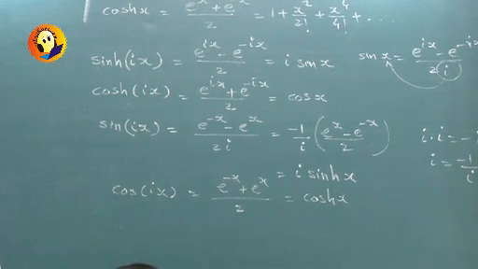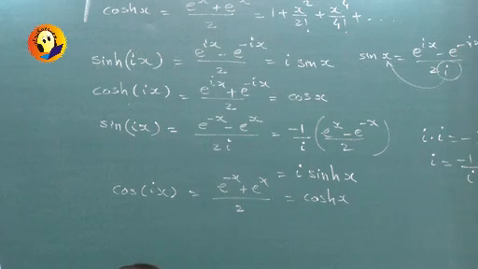Otherwise you will say cos ix is cos x. It is cos ix is cos x, sin ix is i sin x. Okay, make a note.